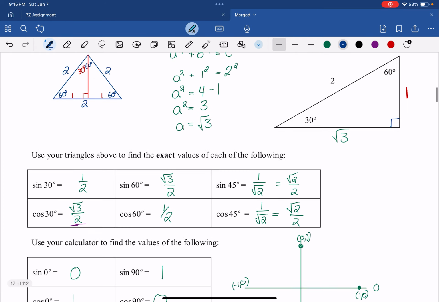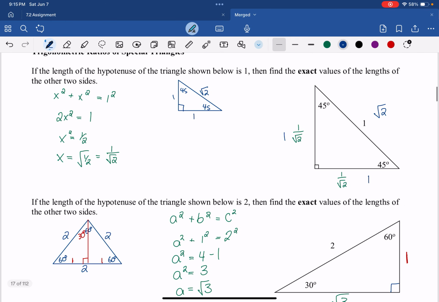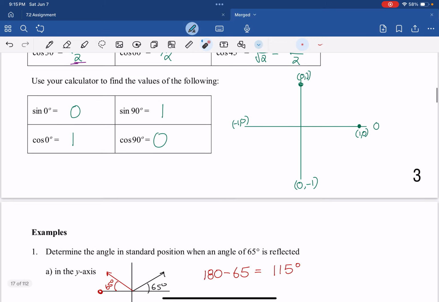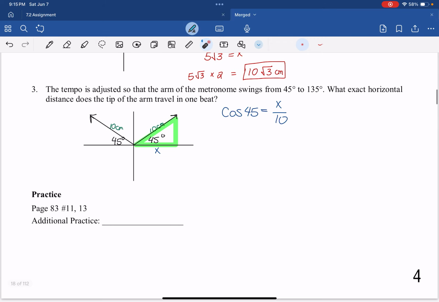Cosine of 45 degrees, I know we wrote it down here. I just want to show you how we're getting that again. If I'm looking at 45 degrees, cosine is adjacent over hypotenuse, so that'll be 1 over root 2, equals x over 10. Then we multiply both sides by 10.